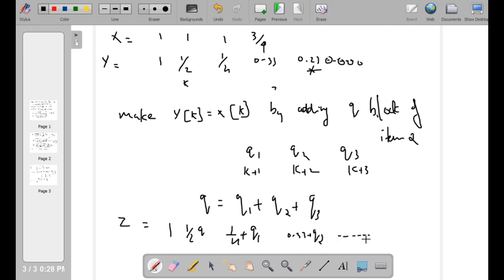So we will be getting another solution called Z.